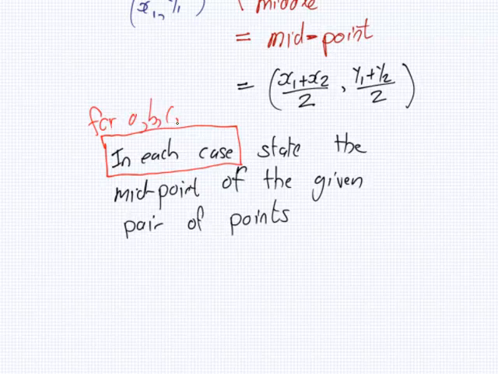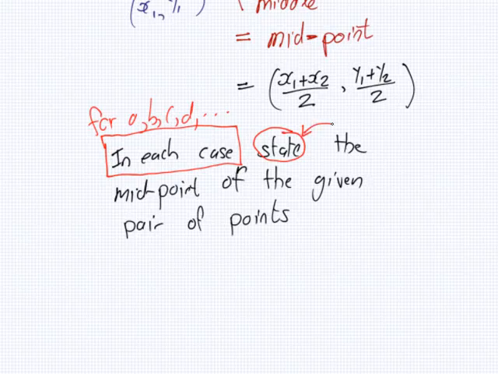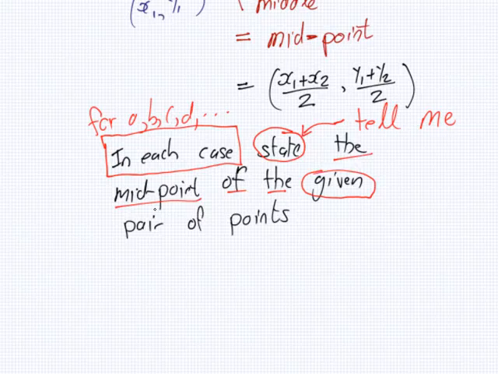Now you know this, the midpoint of the given pair. What's pair? Partner. Yeah, there's two. I give 2 points. So it means for each question I give you 2 points. Tell me the middle. Okay. So let's do the first.